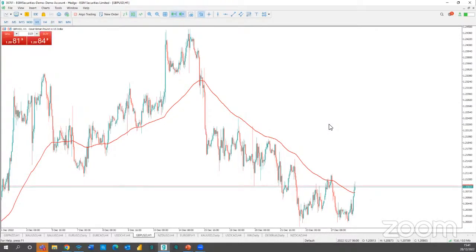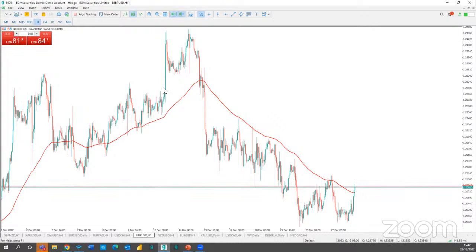CPI is the data which talks about inflation. Whenever there is high inflation, it weakens a currency. When there's low inflation, the currency gets a little bit stronger. You're asking in terms of USD. If you want to understand that better, look at the dollar index.